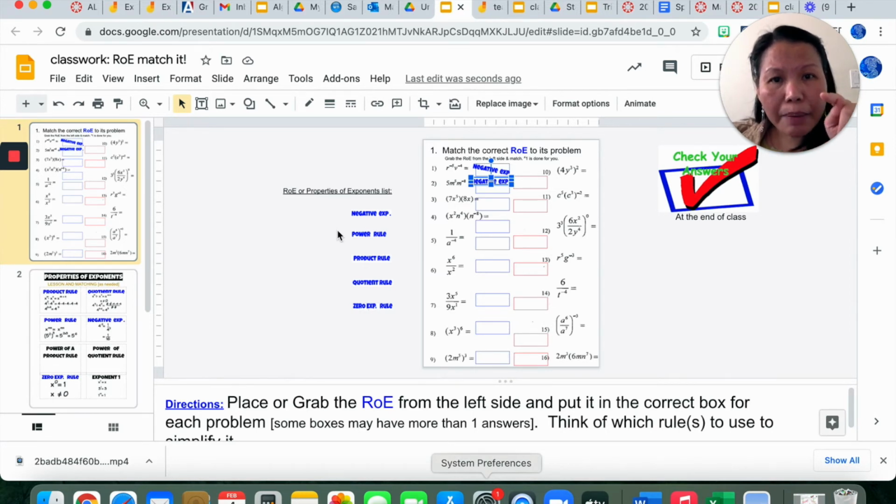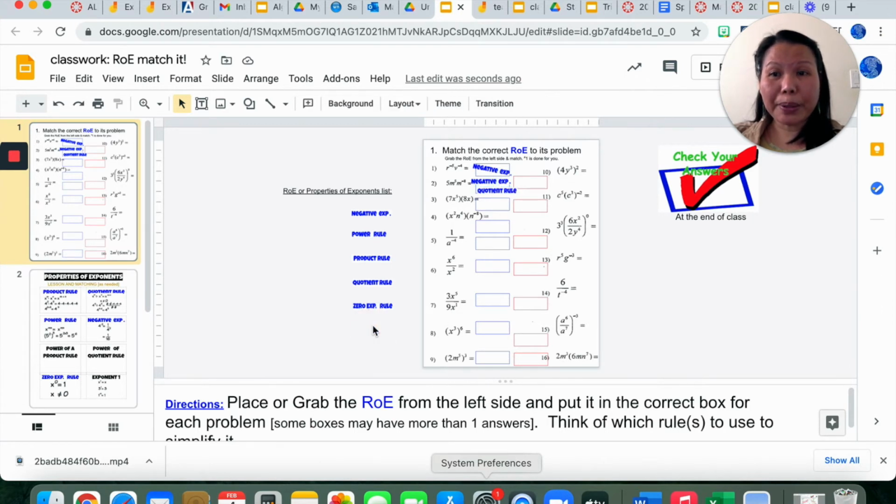The m to the 8 power goes to the bottom, right? So now you can use the quotient rule. And so here I'm also going to have the quotient rule applied. You can see one box can have more than one answer. It did not require that you only have one answer. So more than one can be possible for some of the boxes.